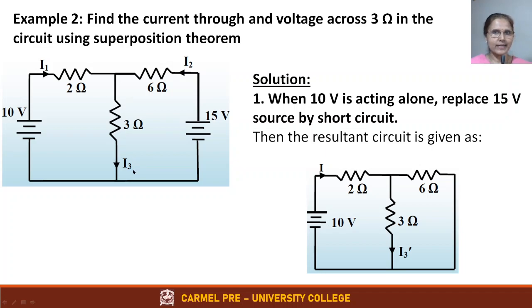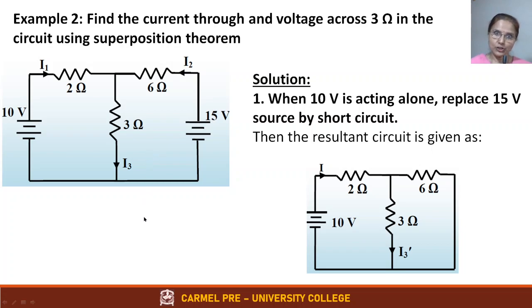That we will call it as I3 dash, because of the first source. Then second step is, and also we will find voltage across this, we will call it as V1. Then you consider only the second source and short the first source, and again find current through 3 ohm resistor, call it as I3 double dash, and voltage across 3 ohm as V2.